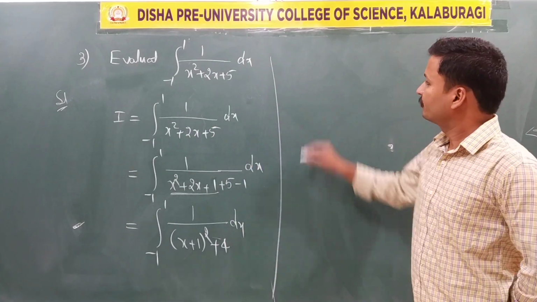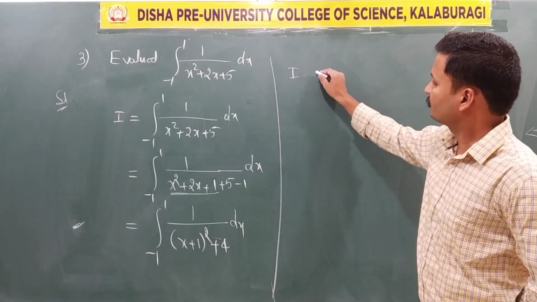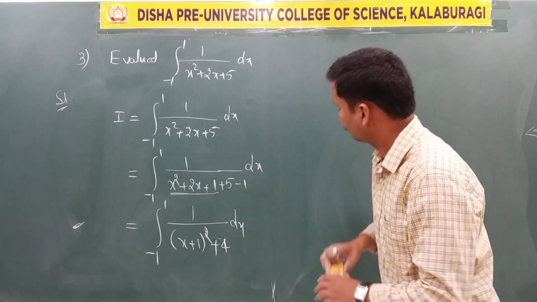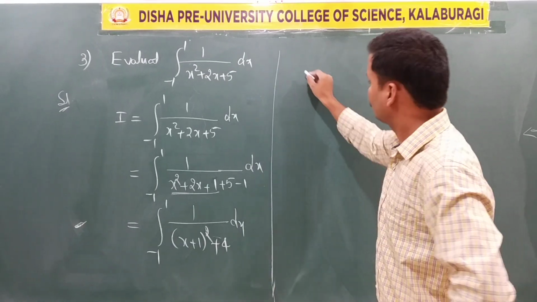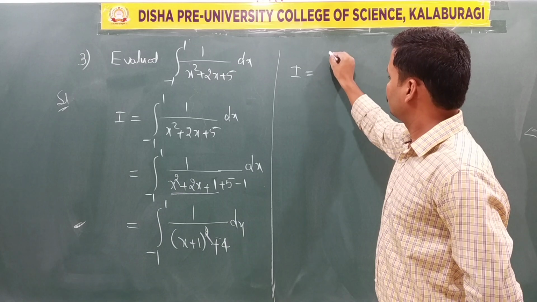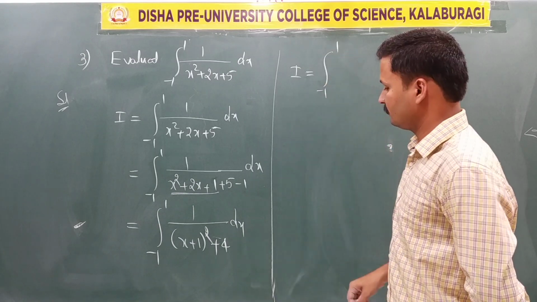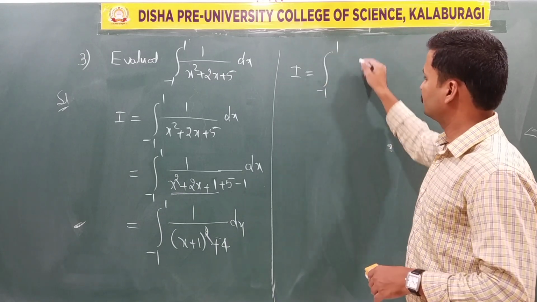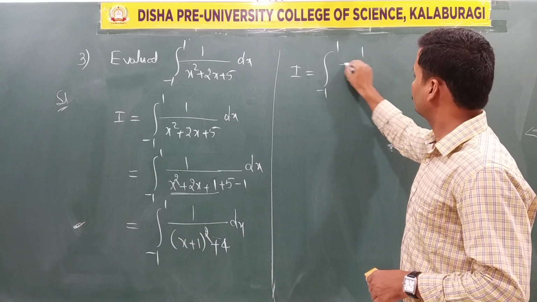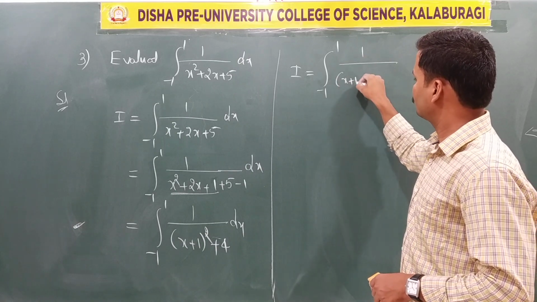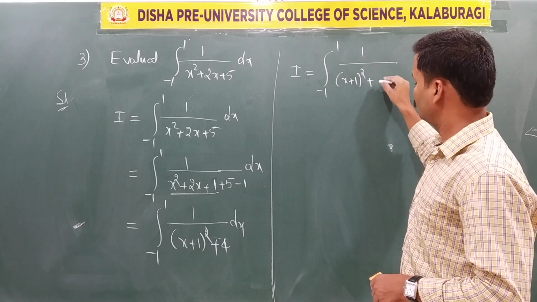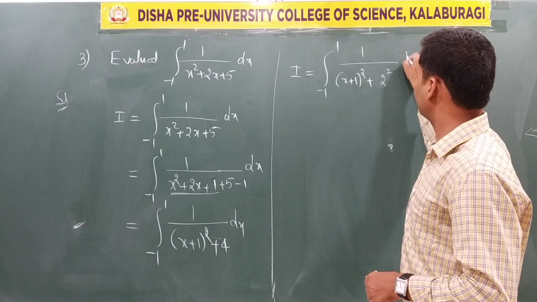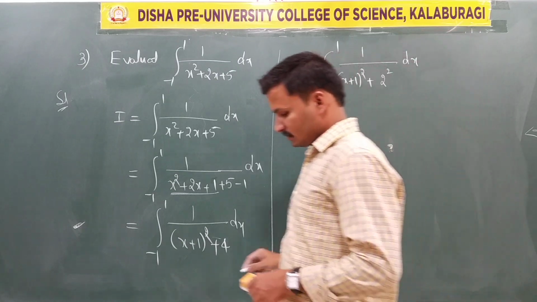Then next, now integral I, which is equals to integration from minus 1 to 1 divided by x plus 1 whole square plus 4, which can be written as 2 square, dx.